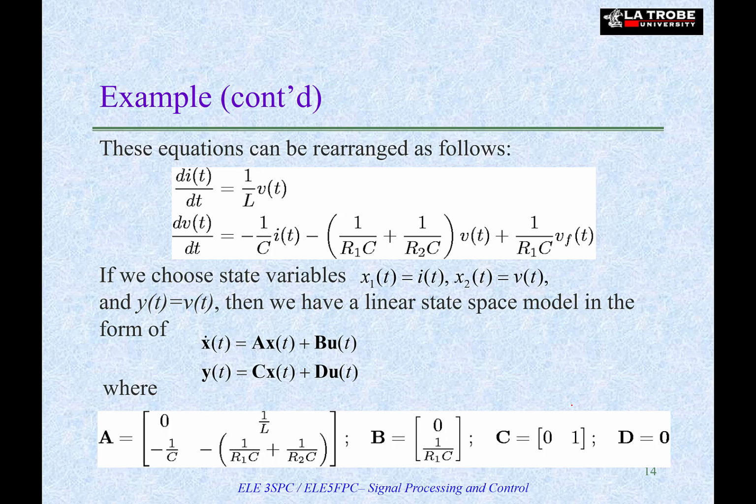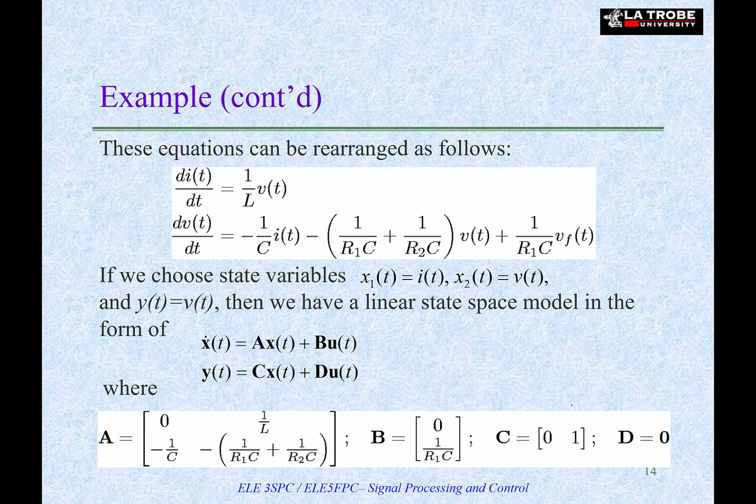How do we define state variables for a given physical control system? We need to remember that state variables represent the characteristics of a physical control system.